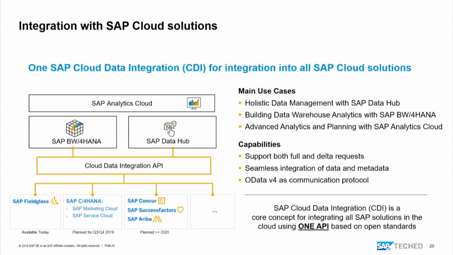So what we came up with, in an effort together with our colleagues from BW, the data warehousing side, was a possibility to expose the data from these cloud applications in a common and useful way.